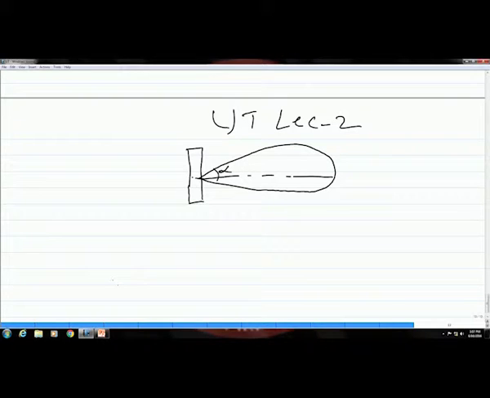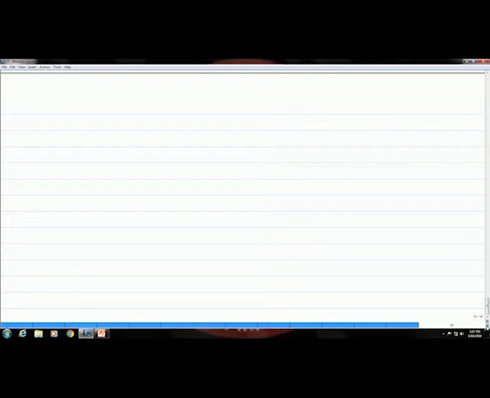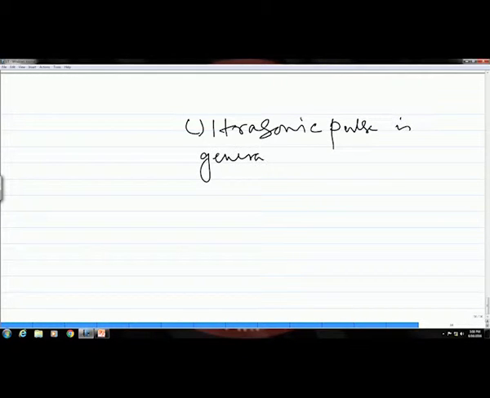So, we saw first that an ultrasonic pulse is generated for about 1 microsecond.